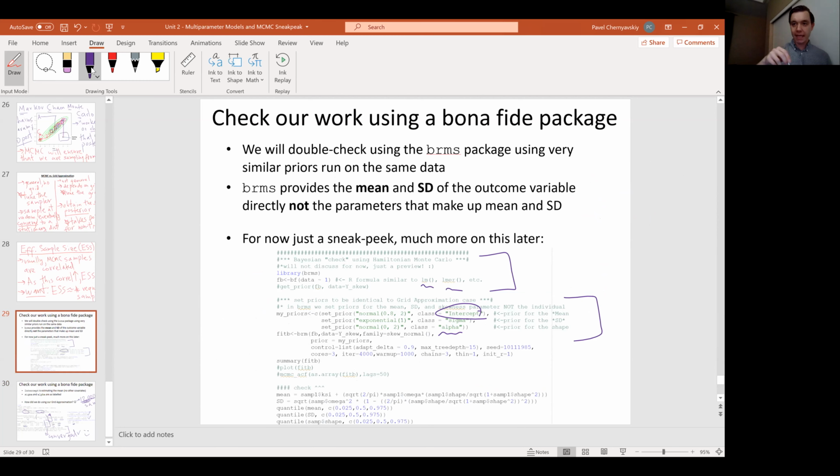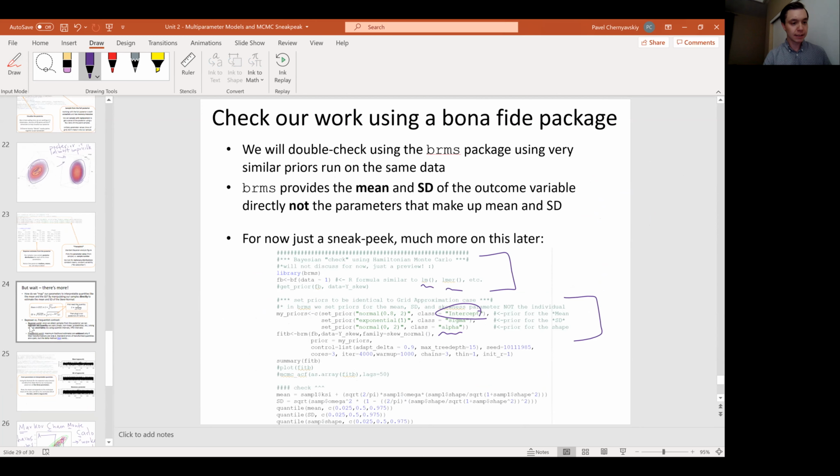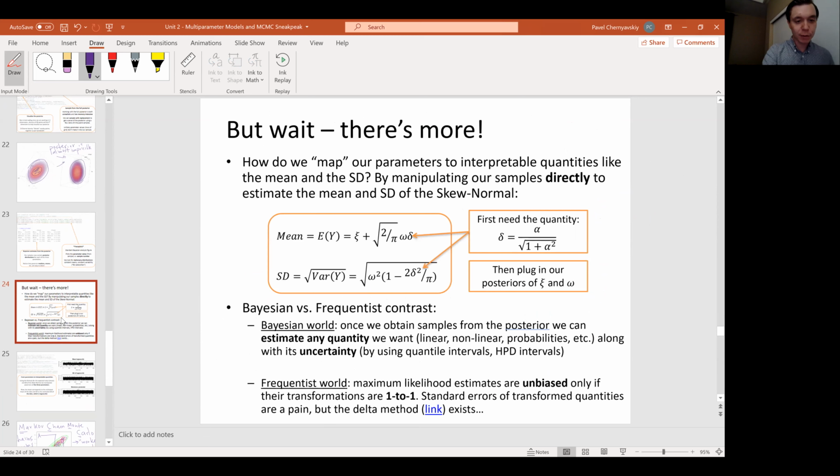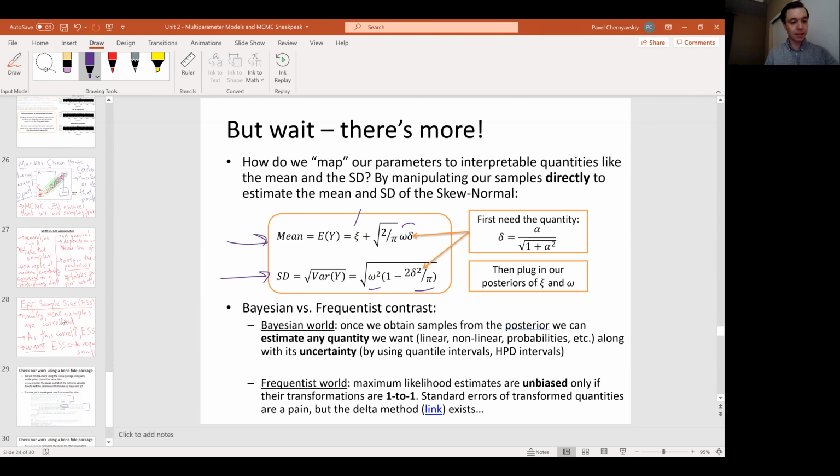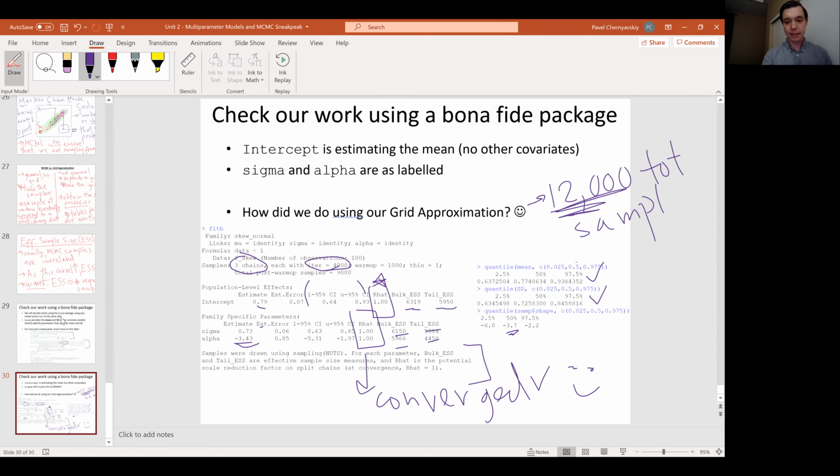They're actually the mean and the standard deviation. So I'm setting my priors for these terms right here, and not the individual parameters that make up these terms. So that is probably accounting for the tiny difference in the alpha, in the shape parameter.